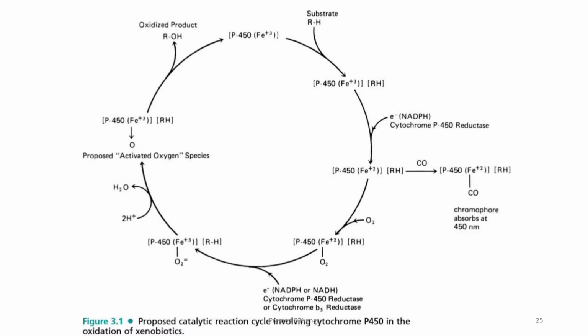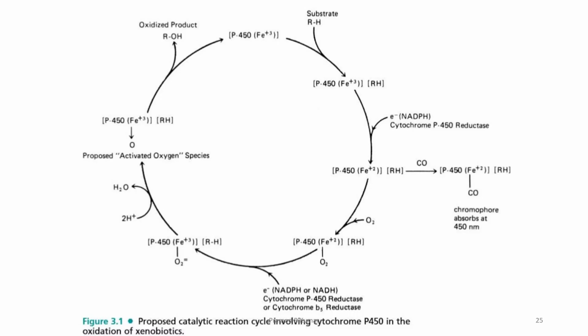So if you see this particular chart, at the top, cytochrome P450 is present in the Fe+3 form. When the substrate gets added, you get cytochrome P450 Fe+3 with RH incorporated into your enzyme. Then comes your NADPH.